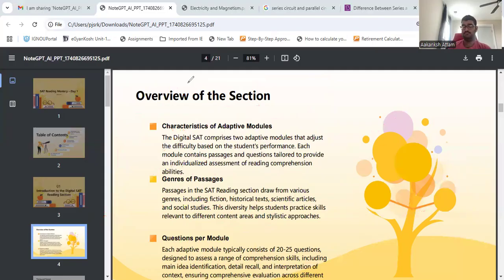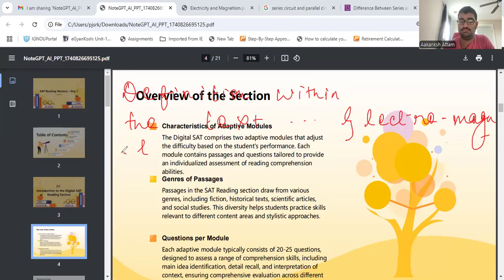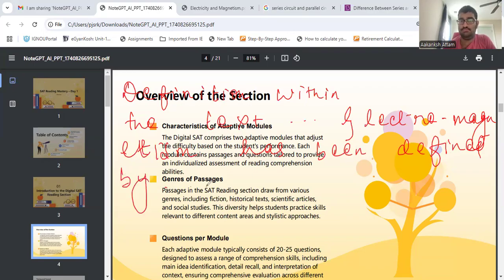Now let's explore all of them one by one. So what is definition within the text? Sometimes while going through the passage, you might have encountered sentences like this. For example, electromagnetism has been defined by a scientist as, quote.